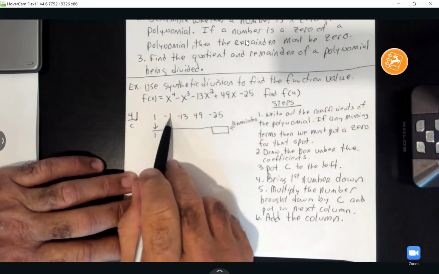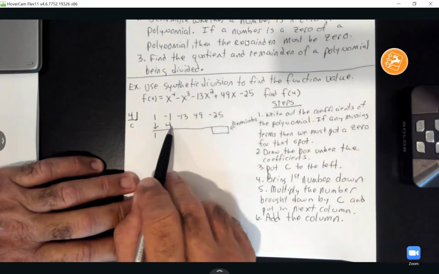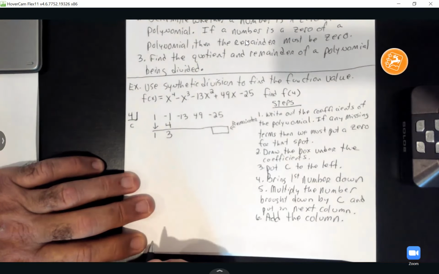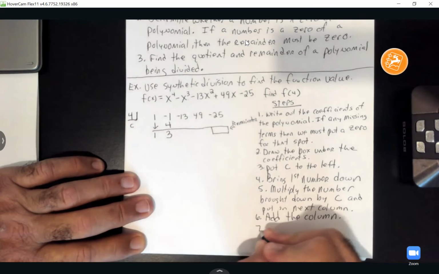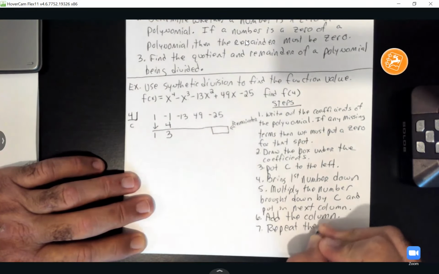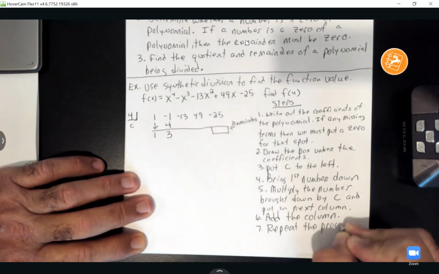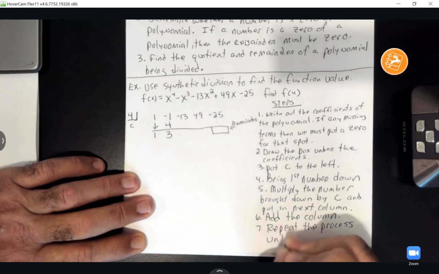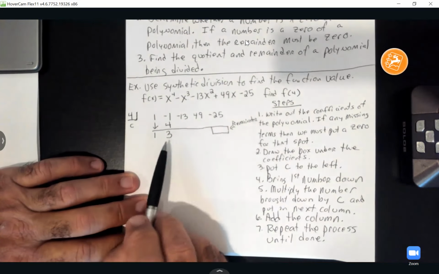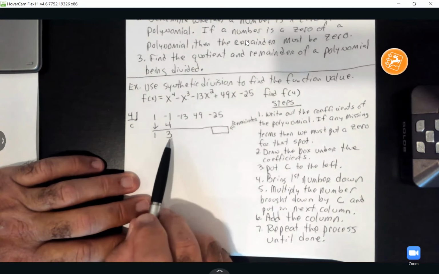All right, y'all. So -1 plus 4 gives me a +3. So now I'm just going to repeat the process until done. All right, the 3 is now below the line. So guess what?